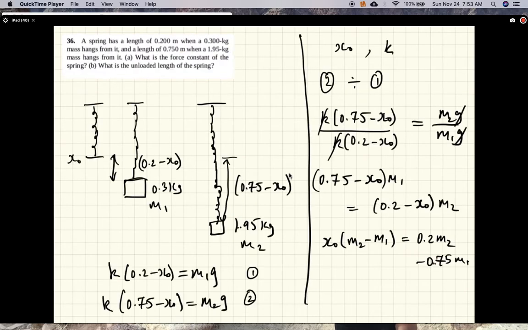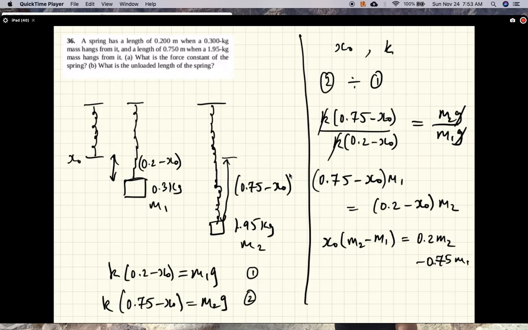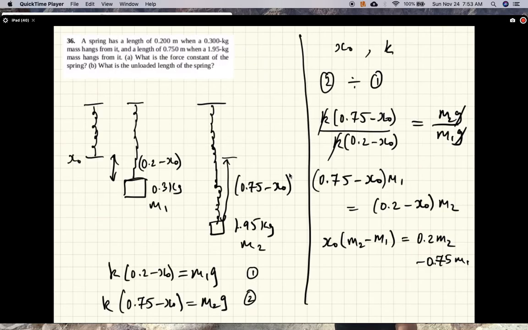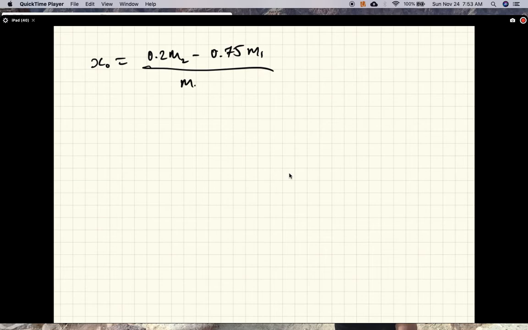Alright, let's add a page below. So x naught is 0.2 m2 minus 0.75 m1 divided by m2 minus m1.